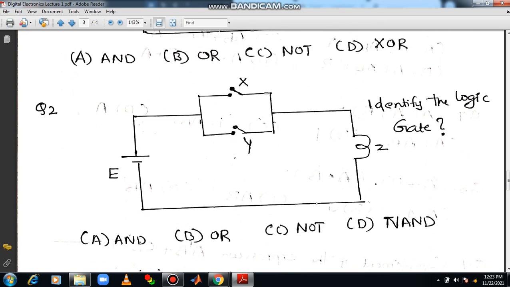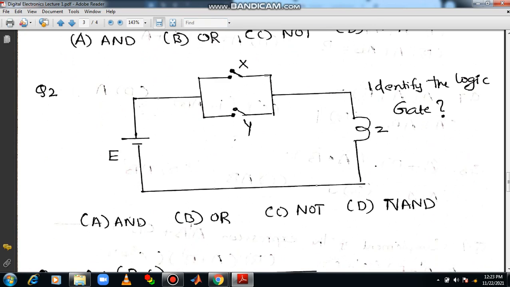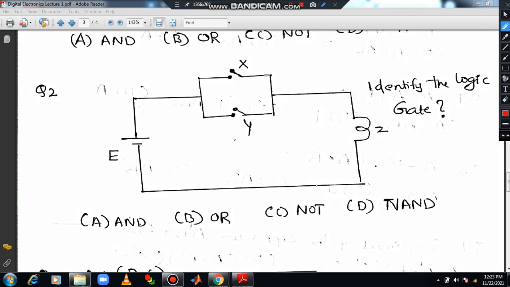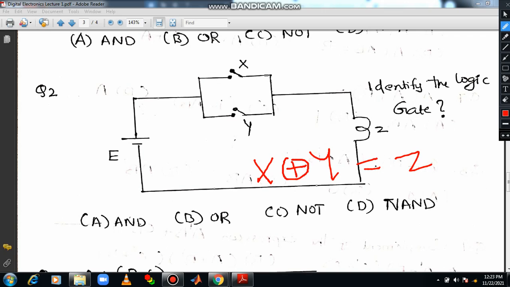Now when it comes to the second question, the 2 switches x and y are both connected in parallel. Now the question is, identify the logic behind the circuit. So which is the right answer? We can say x or y will be the output.